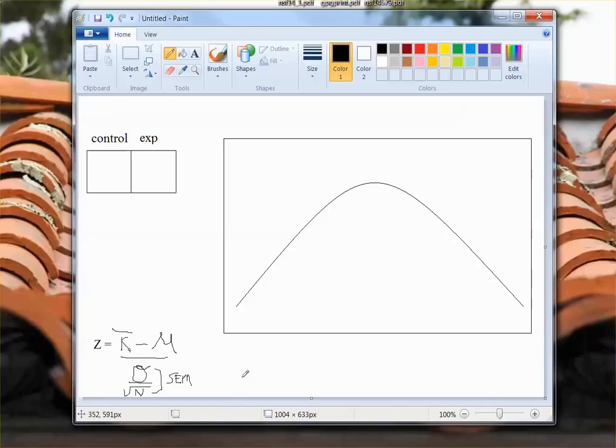We're going to apply that same logic with a two-group situation. This would be a one-group situation. For our denominator in our statistic, we're still going to use the standard error of the mean, but we're going to consider the standard error of the mean for both our groups, and we'll add them together.